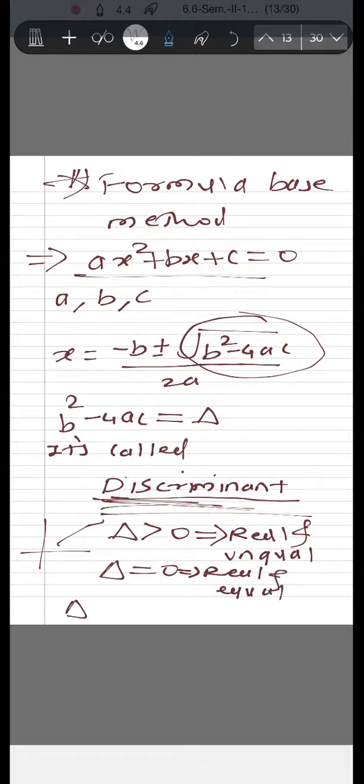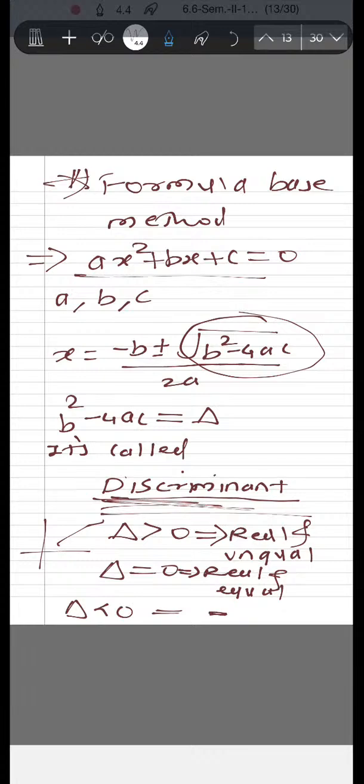And if the discriminant value is less than 0, then they are not real, they are imaginary, generally in the negation form.